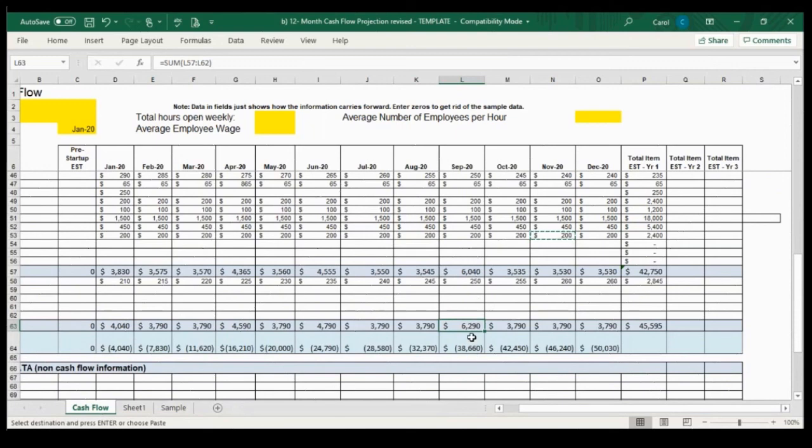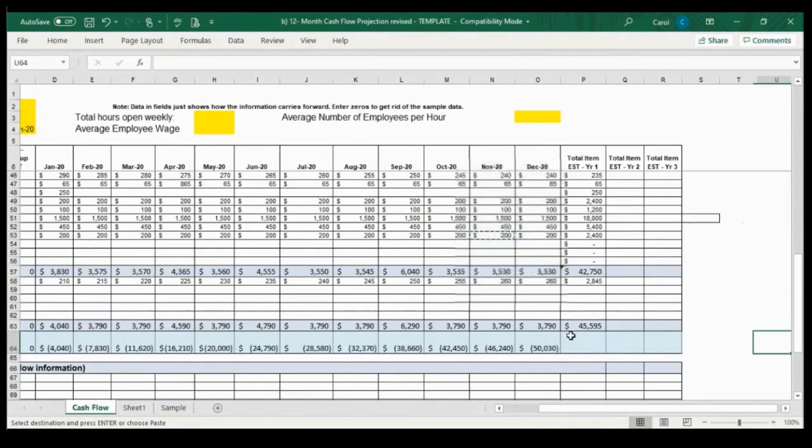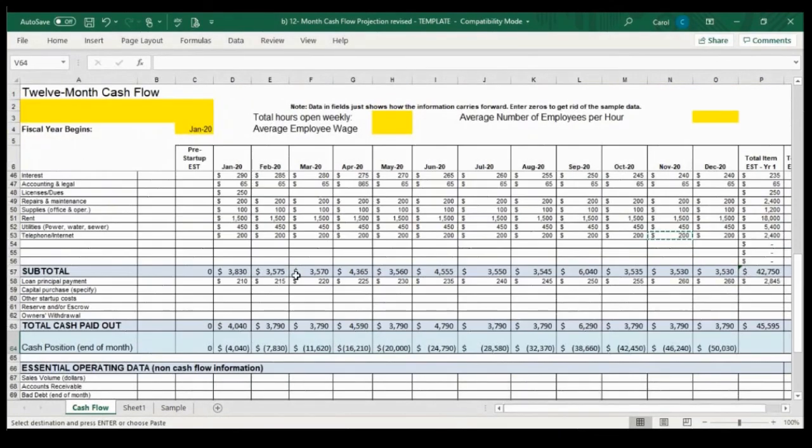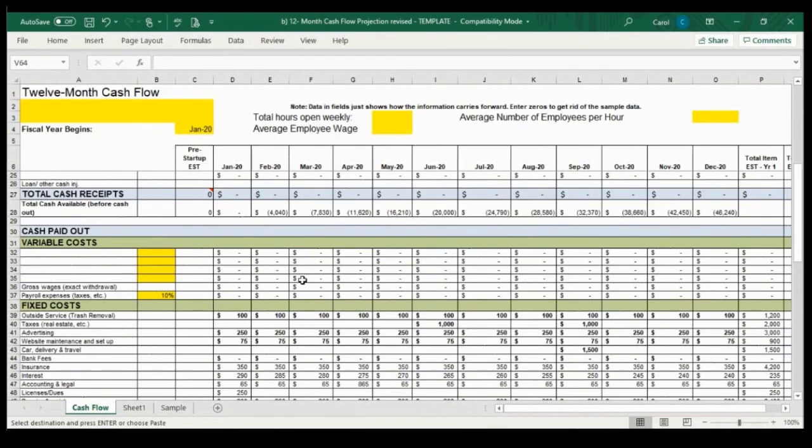That's our highest month, at $6,290 for fixed costs. And then the lowest month we have is $3,790. So our expenses for the year are about $46,000, so a little under $4,000 a month is your typical expense, but there are months as high as $6,000. Okay, so those are the costs that you're going to have no matter what in running your business.